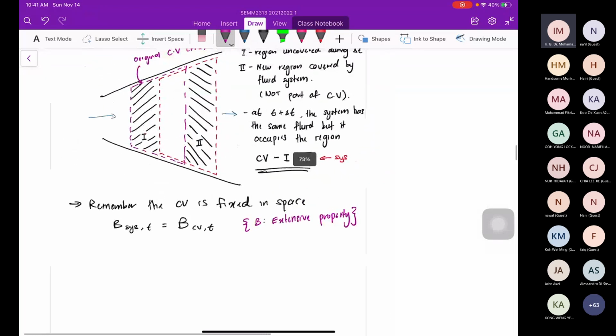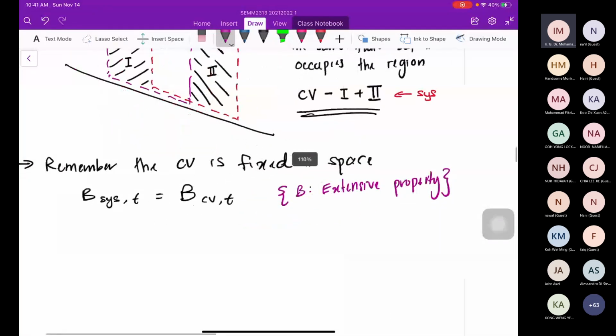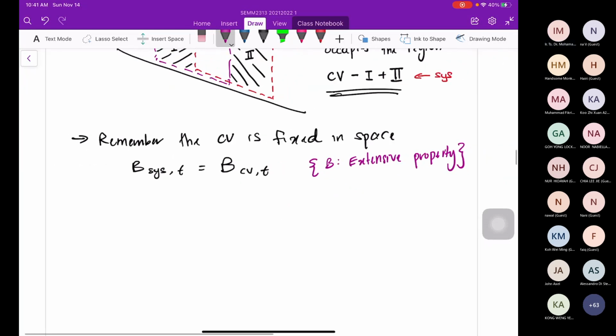So this is at time t. B of the system, the extensive property of the system at time t, equals that of the control volume, which coincides.